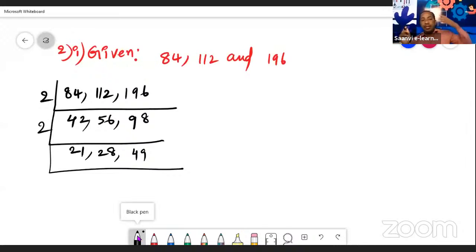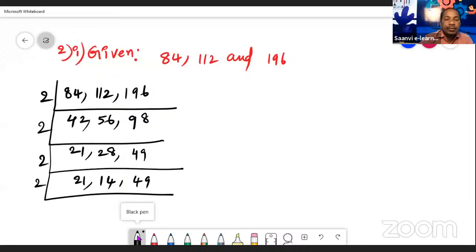Okay. Again here two table possible. Two table. If you take two table again, 21 is not possible with two table. So write as is. And 28 is possible. 2 1s are 2, 2 4s are 8. And 49 is also not possible with two table.